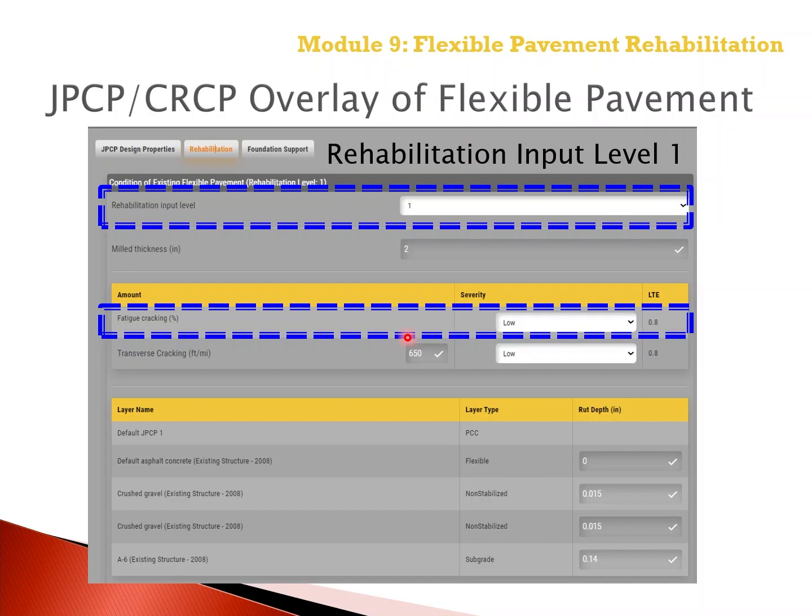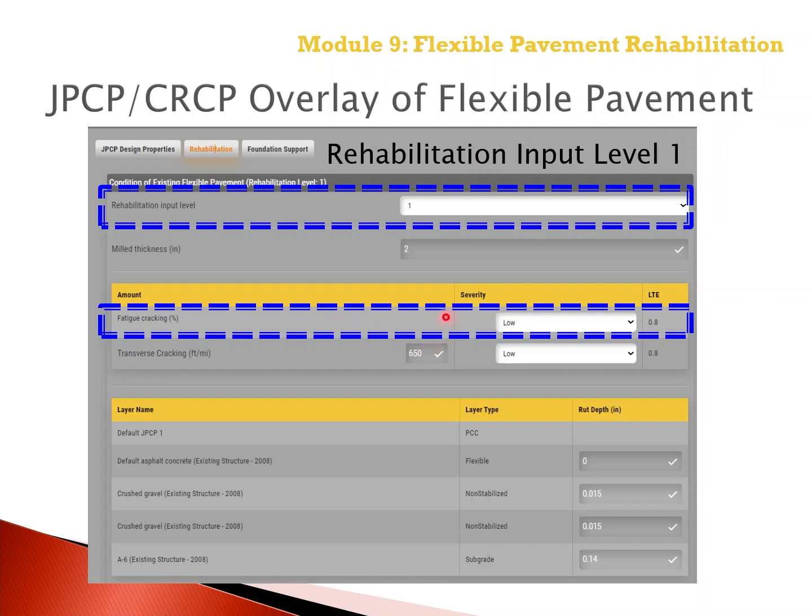So that represents the same in terms of the severity and the low transfer efficiency. Again, for concrete overlays of flexible pavements these are not used because reflection cracking is believed not to be an issue on concrete overlays of flexible pavements. The reason the in-place damage is used is that it reduces the stiffness or modulus of the existing asphalt layer.